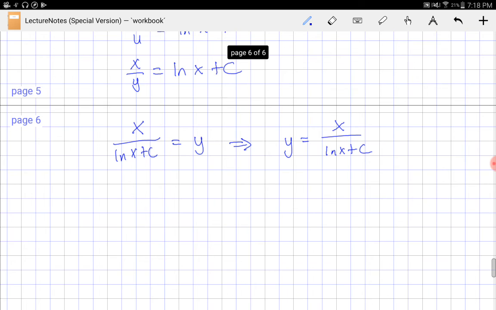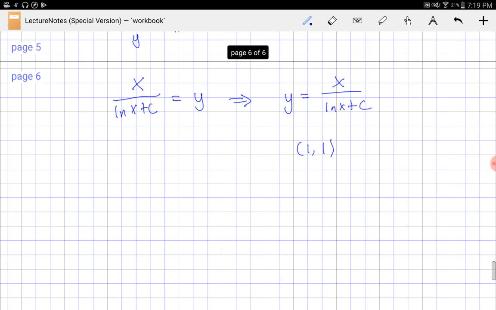However, we do want a particular solution because we know that this function passes through the point (1, 1). So let's substitute in 1 for y and 1 for both x's. So 1 equals 1 over ln 1 plus c.